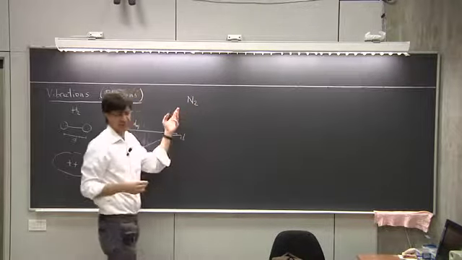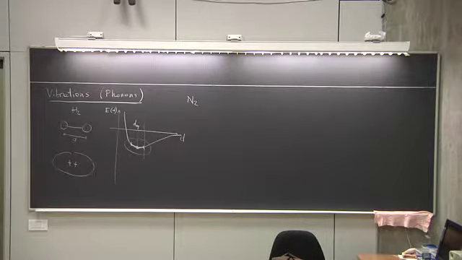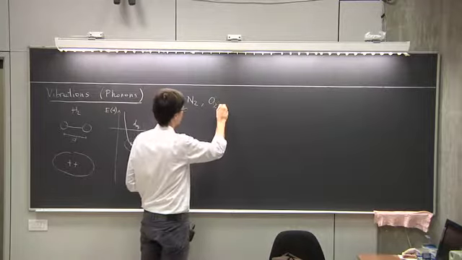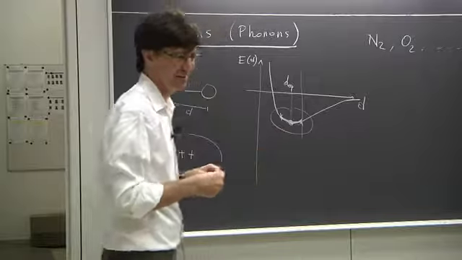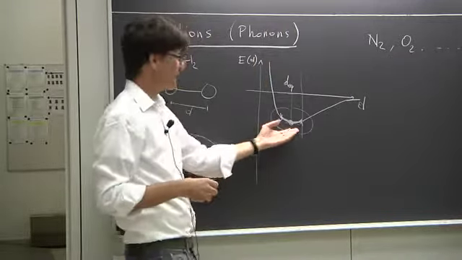Air is abundant in N2. 70% of the air we breathe is made of N2, and then there is a little bit of O2, and then there are other gases in the air. So air is made of diatomic molecules, which are very similar to this one, and which vibrate according to this curve.